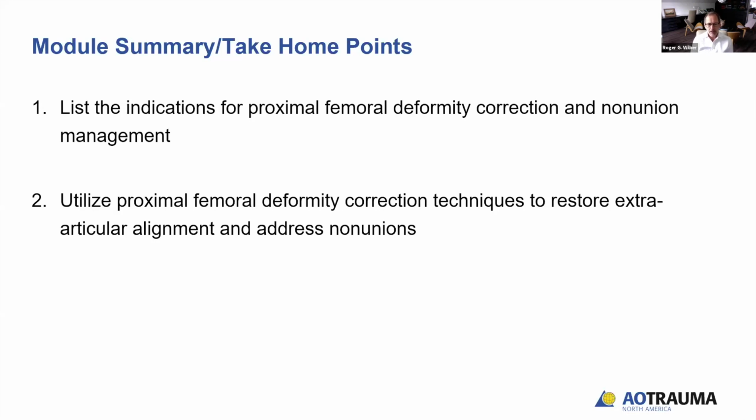So if they have issues with that, that's one consideration that sometimes leads me to think about transferring it or distalizing it a little bit. If their abductors are really quite weak and I'm not able to get the trochanter in a good enough position, and one of my goals is to really work on eliminating their limp, I'll think about doing the troch transfer as well, or the distalization as well at that time.